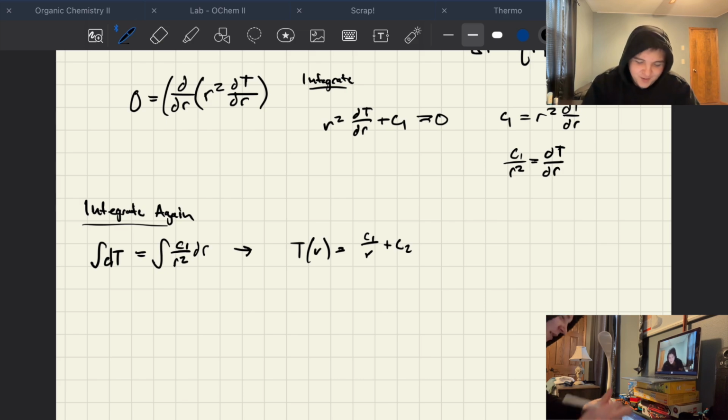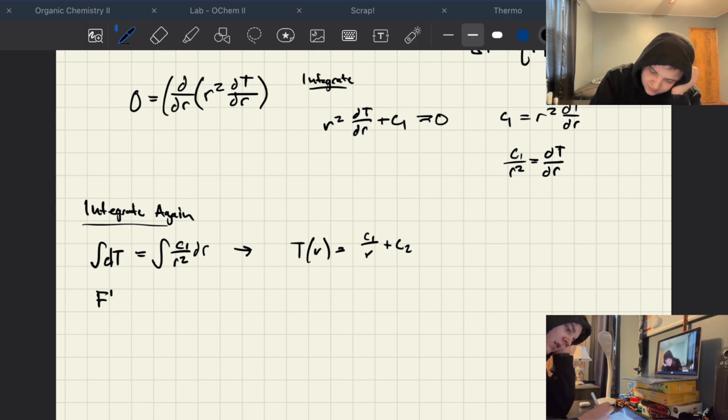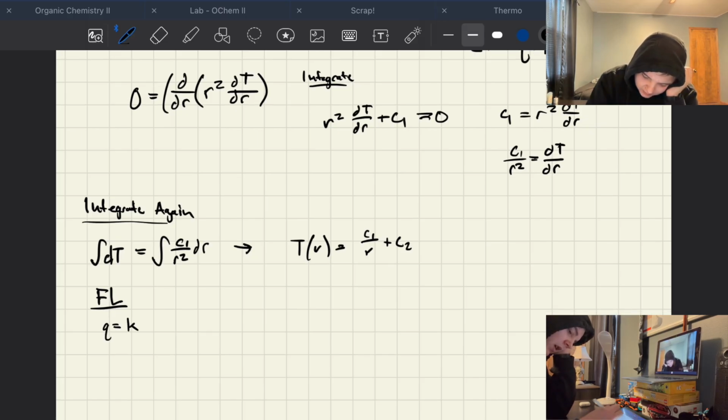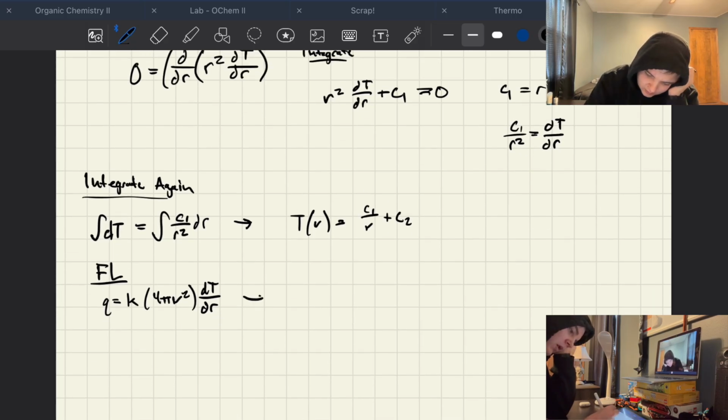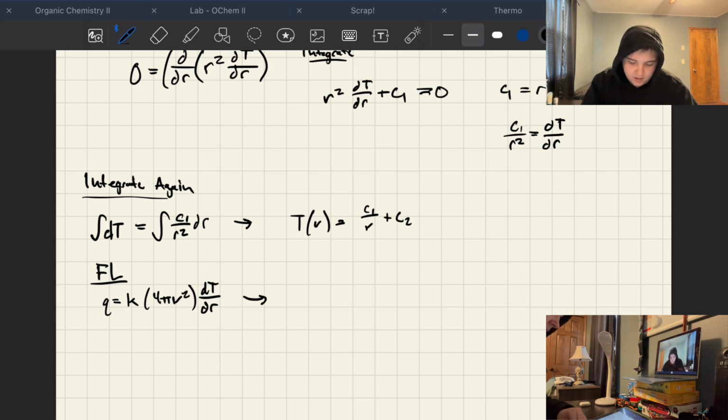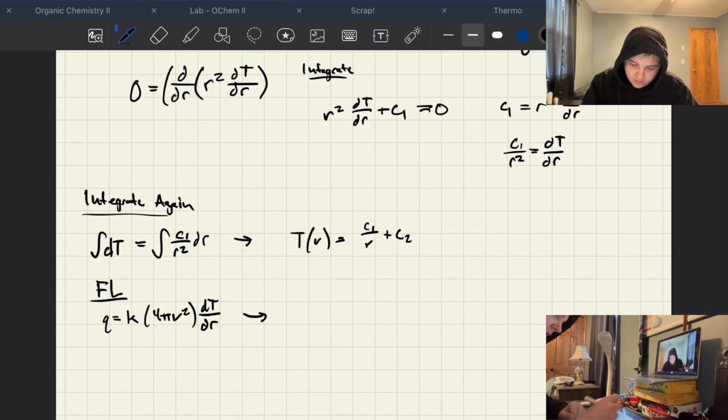And then again, we gotta add Fourier's law. So FL, and we'll have Q is equal to K 4 pi r squared dT/dr. KA, yep. Okay, cool. So that was easy. Then we're going to plug in our C1, because dT/dr up here is equal to C1 over r squared.